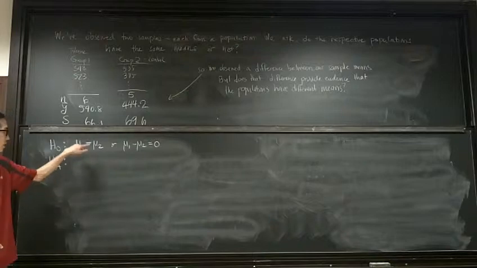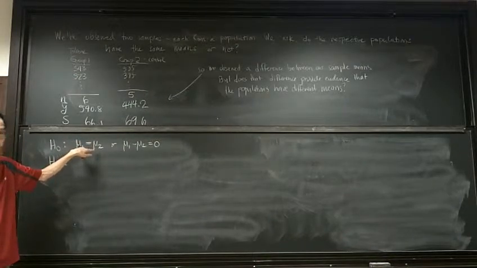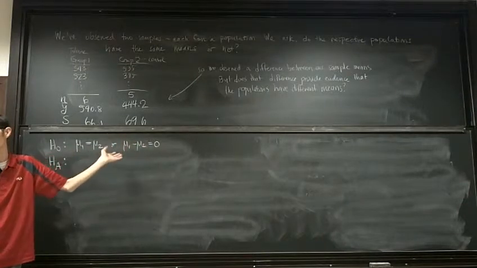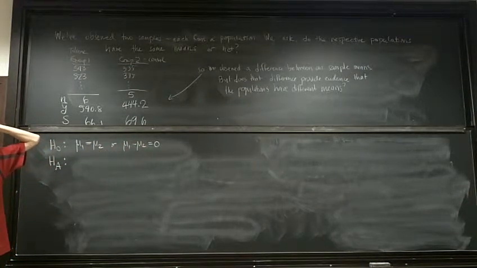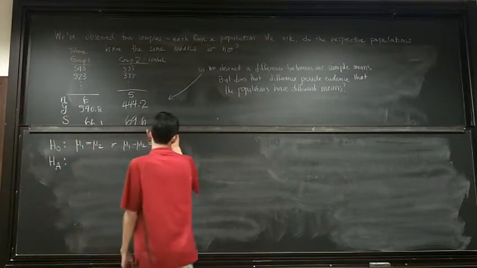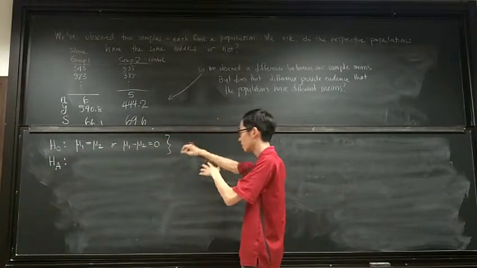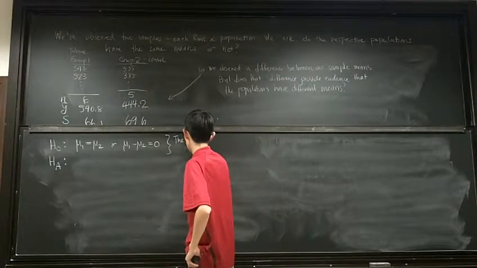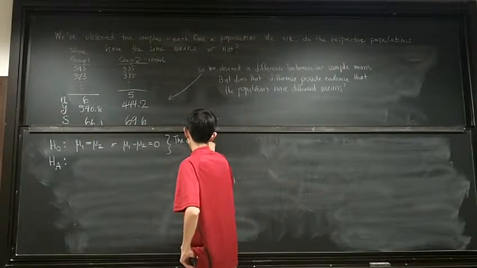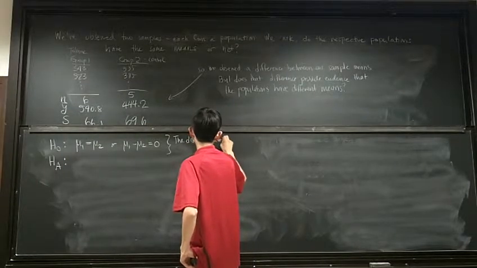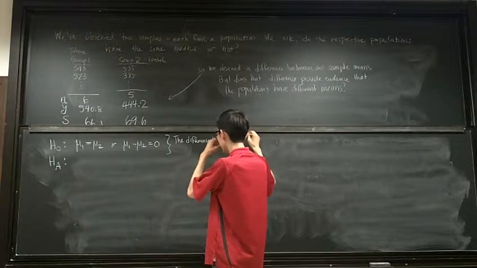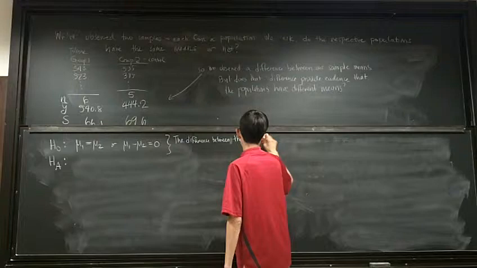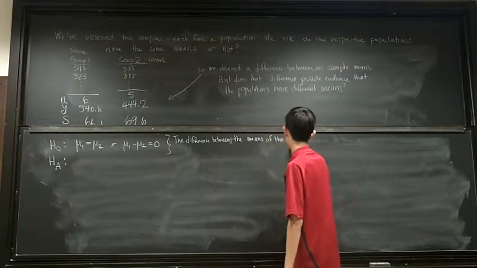So this is either saying the means of the two populations are the same, or that the difference between the means is 0. It's basically saying the exact same thing. In English, this says the difference between the means of the populations is 0.